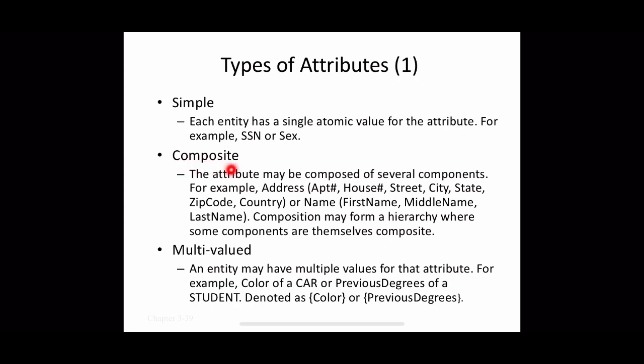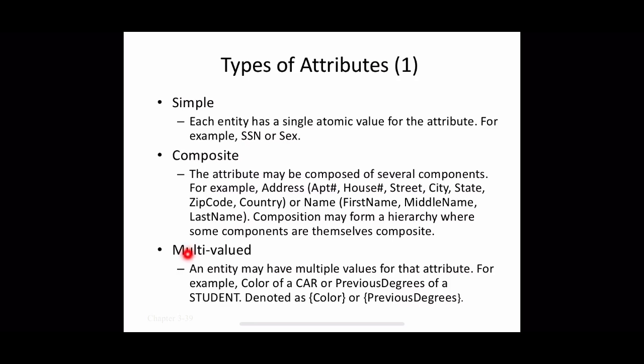Whereas composite attributes may be composed of several components. Just for example, address. Address is composed of apartment number, house number, street, etc. Right? Or even name is a composite attribute which is composed of first name, middle name, last name, etc. In some cases the composition may form a hierarchy where some components of these composite attributes are themselves composite.